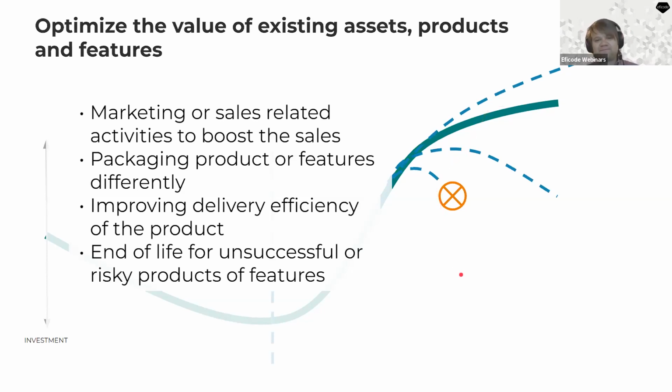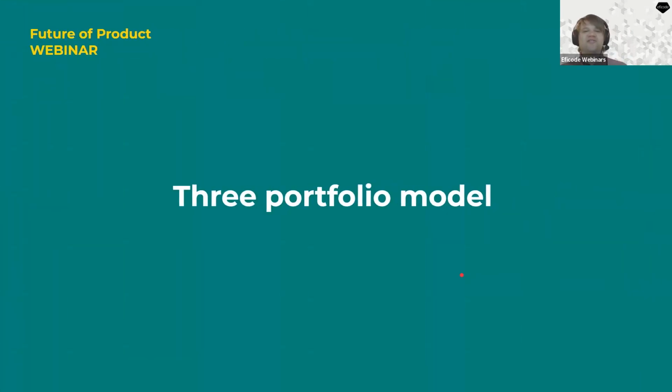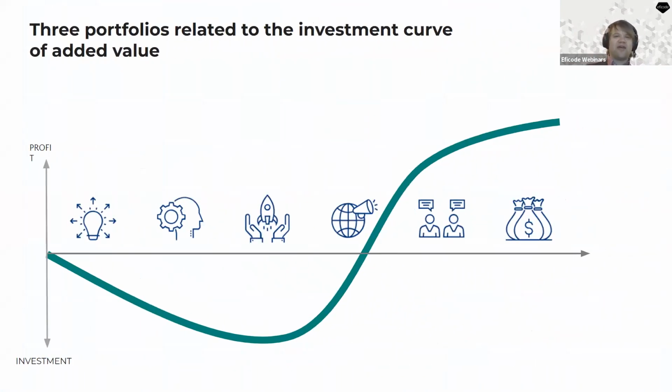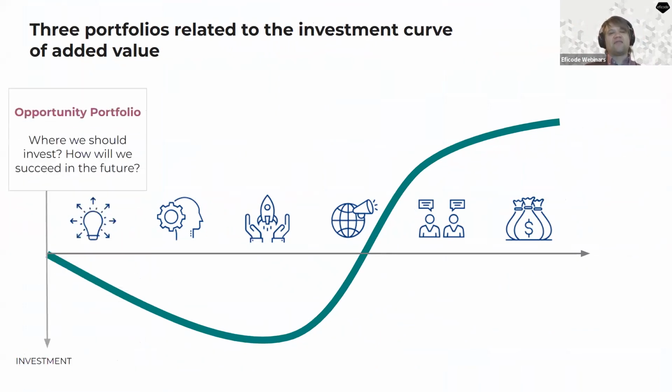Great. So driving towards this three-portfolio model we've invented for this investment curves overall. If we get back to the investment curve of added value, there are actually different types of decision phases.